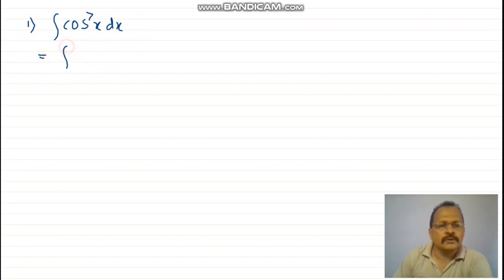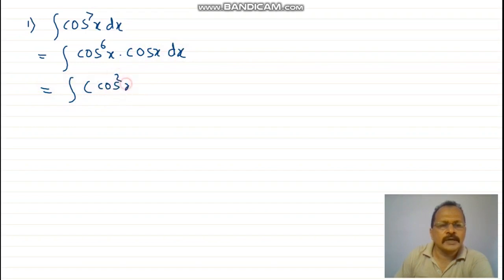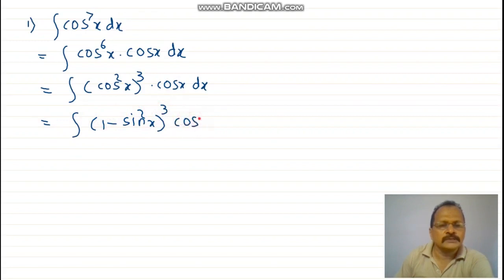This is equal to integration cos raised to 6 x into cos x dx, equal to integration (cos square x) bracket cube into cos x dx, equal to integration (1 minus sin square x) bracket cube into cos x dx.